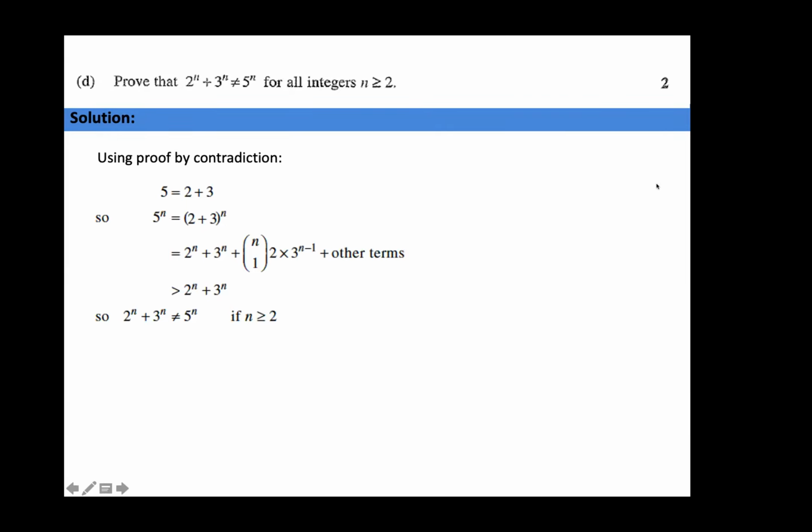In this case, if we put 5 equals 2 plus 3, then 5 to the n is (2 plus 3) to the n, and then using our binomial expansion, we can note the first and last terms are 2 to the n and 3 to the n, and then there's a host of other terms which are positive. So therefore, 5 to the n is going to be greater than 2 to the n plus 3 to the n. So if it's greater, it cannot equal. And so by contradiction, we have the result.